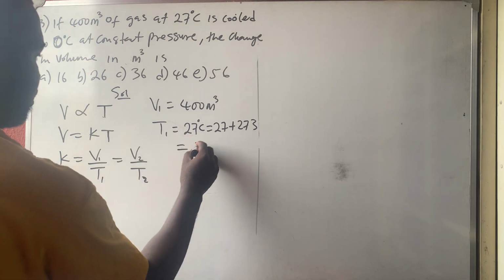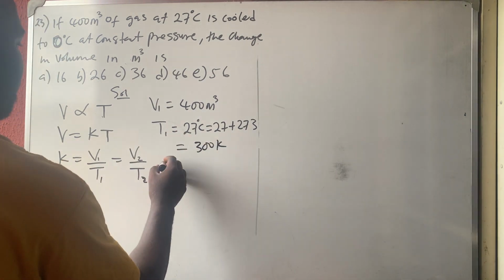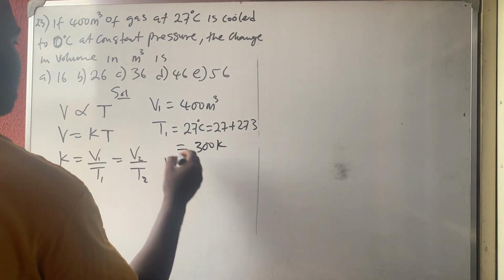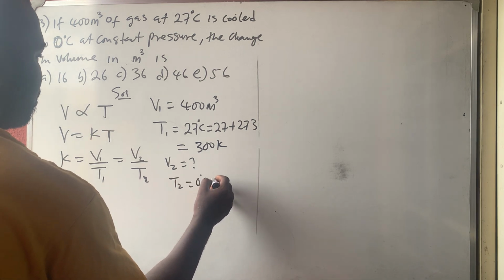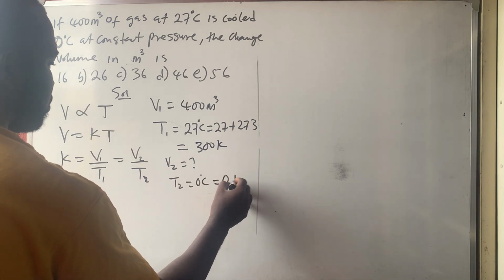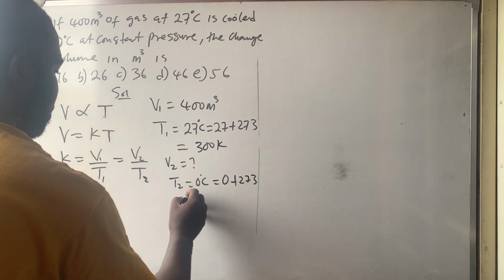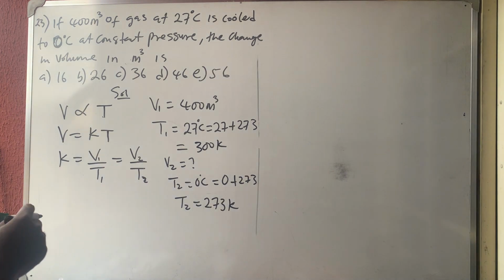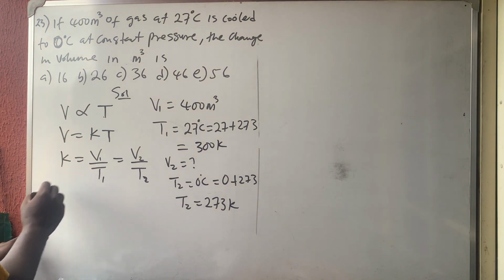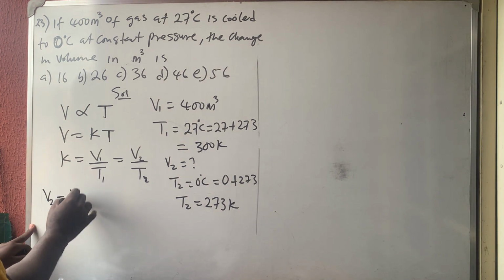I have 300 Kelvin. Okay, the V2 is what I'm looking for, and then my T2 is 0 degrees Celsius, which is 0 plus 273. So my T2 is 273 Kelvin.